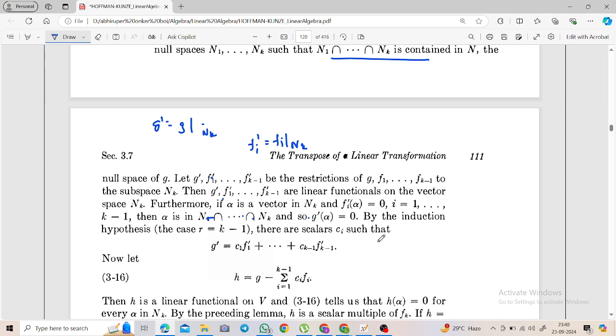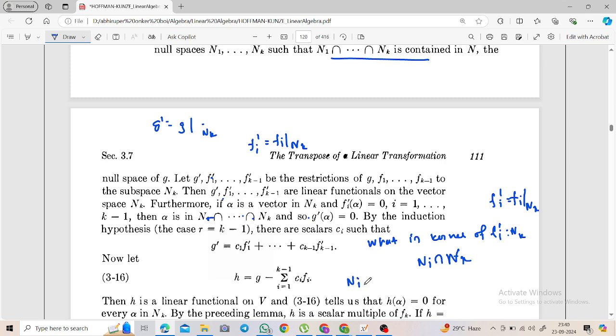Okay, just tell me one thing. What is the kernel of fi prime? Fi prime is defined on Nk, right? Fi prime is fi restricted to Nk, right? So what will be the kernel of fi prime? It will be Ni intersection Nk, right?